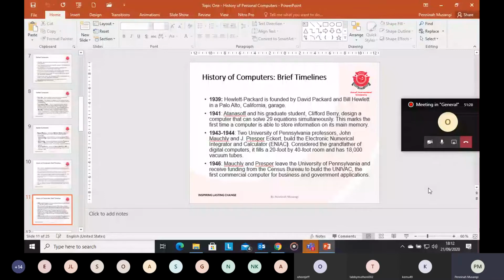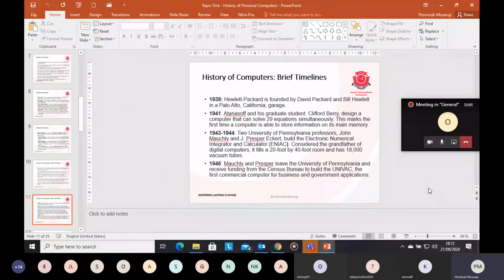1941, the Professor Atanasoff we had talked about, who started attempting in 1937. So in 1941, together with his graduate student Clifford Berry, who was a PhD student taking physics in that university, they designed a computer which could solve 29 equations simultaneously.